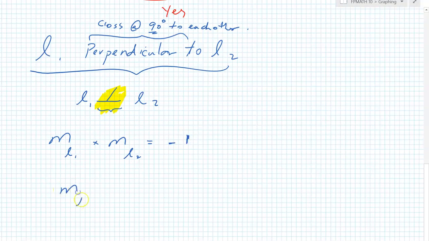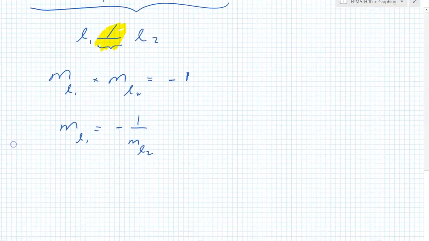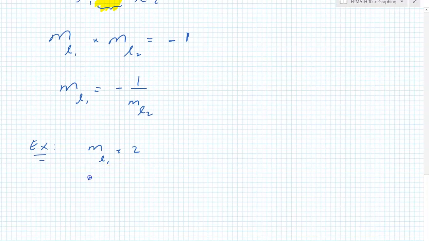Another way of writing it is that the slope of the first one is the negative reciprocal of the slope of the second line. That's a fancy way of saying that if the first slope is 2, the slope of line 2, if L1 is perpendicular to L2, is the negative reciprocal of 2, and the reciprocal of 2 is 1 over 2.